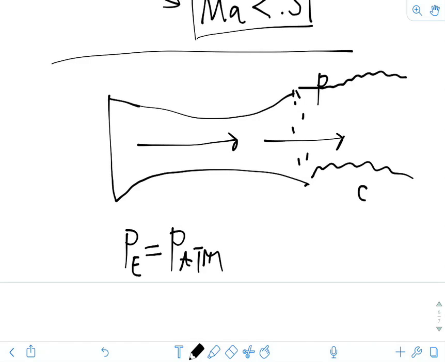If the pressure here is different than the pressure here, then that implies a force. If it's higher pressure on the outside than on the inside, it'll tend to bend the streamline in. You can think of this as the edge of a control volume, and there's a net pressure force acting on that control volume, and it tends to deform it. It will deform it if the pressure is higher on the outside than inside the plume.